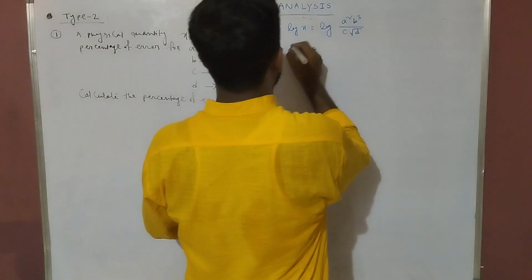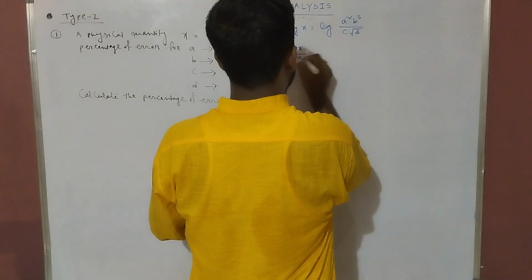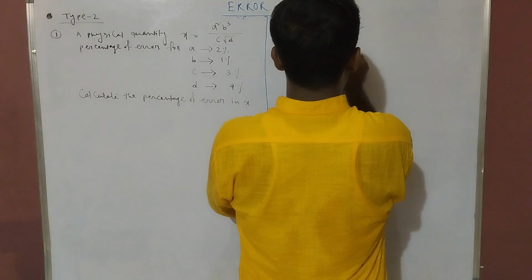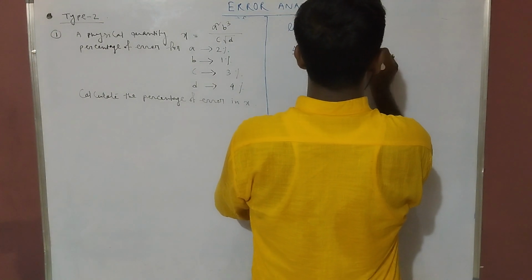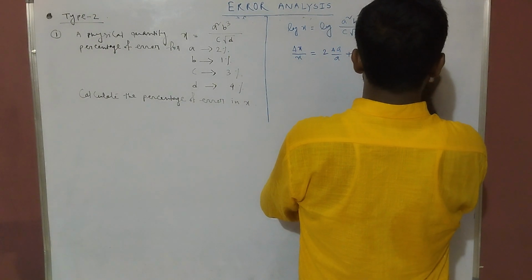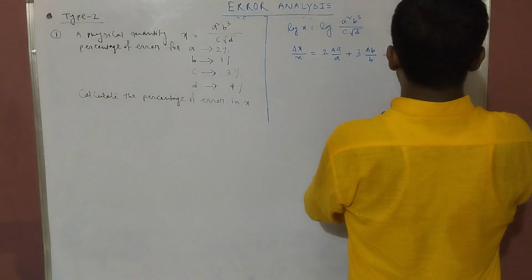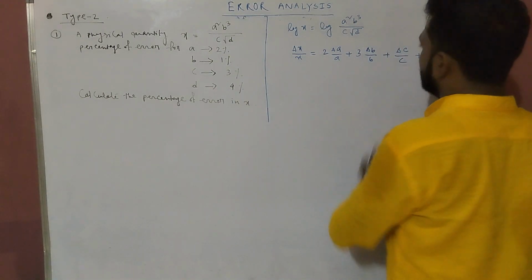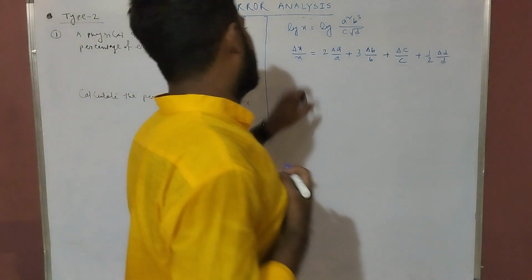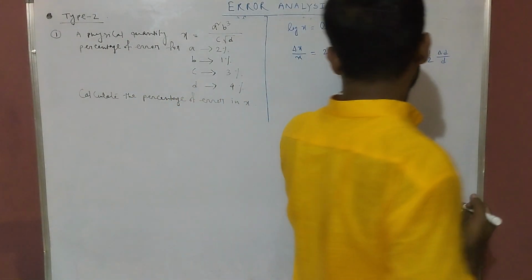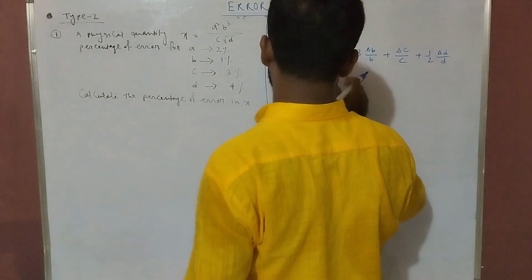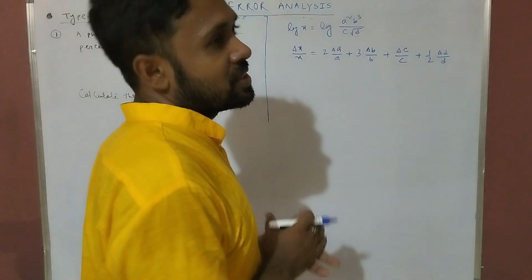I can write del x by x is equal to 2 into del a by a plus 3 into del b by b plus del c by c plus half into del d by d. Understood or not? Actually, this line has come from the same procedure. Actually, I jumped some steps.